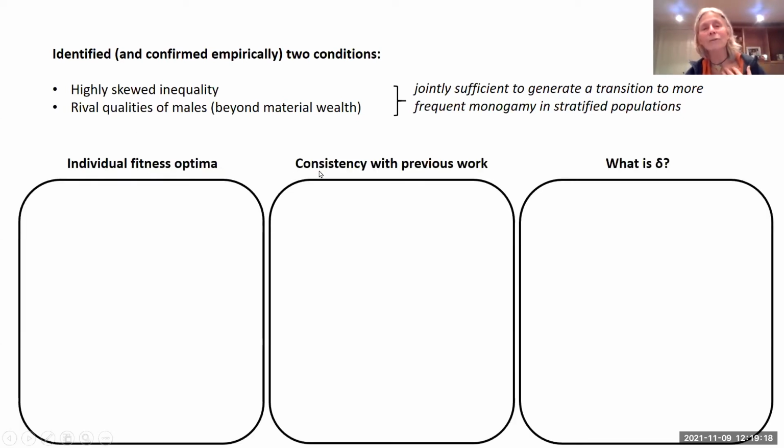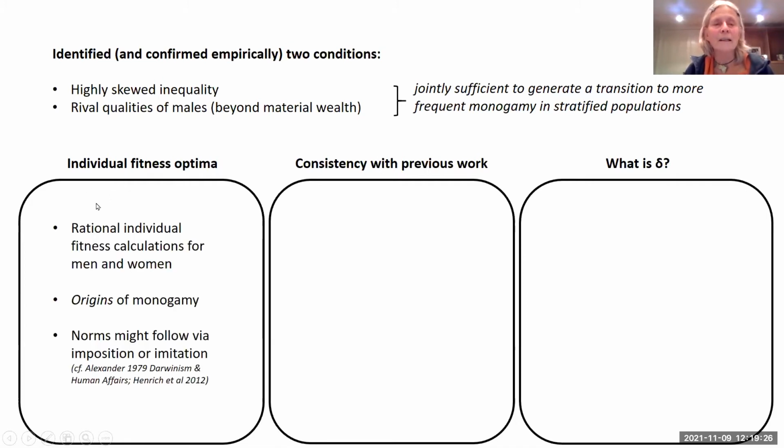But I want to highlight three aspects of this work, which I haven't really emphasized yet. The first is that we're working entirely on the presumption of rational individual fitness calculations for men and women, effectively evaluating the costs and benefits of monogamous versus polygynous marriage.